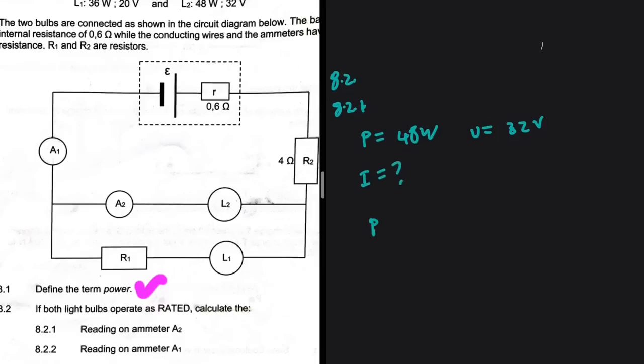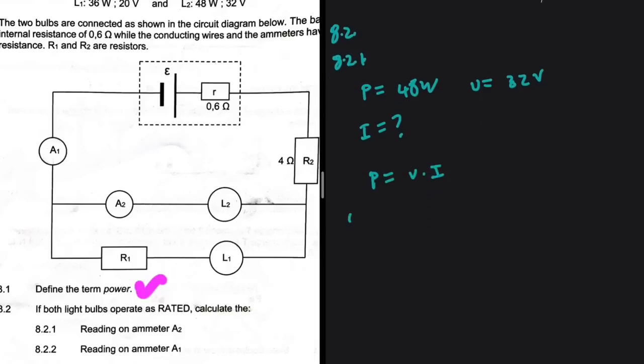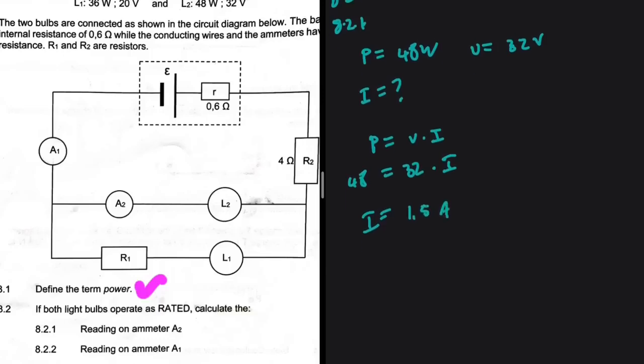We know that P is equal to V multiplied by I. The power is 48 watts, right? The voltage is 32, and the current is what we're interested in. So I will be equal to 48 divided by 32, that is 1.5. So we have 1.5 amperes as the reading on A2.